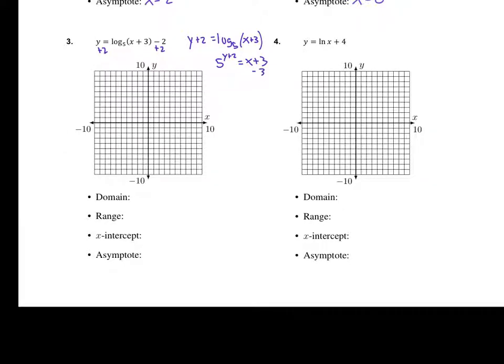Then we want to subtract our 3 over, so x equals 5 to the y plus 2 minus 3. So if you notice, the number in parentheses goes at the end. The number outside the parentheses ends up being attached to the exponent.